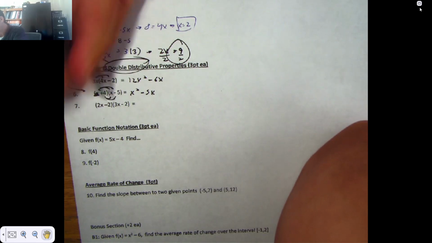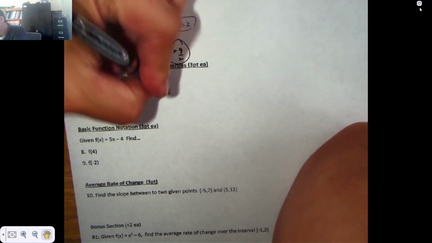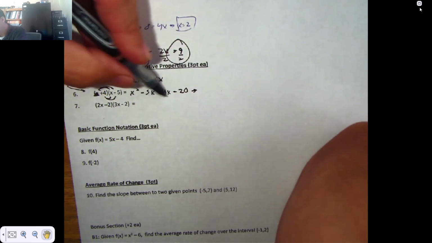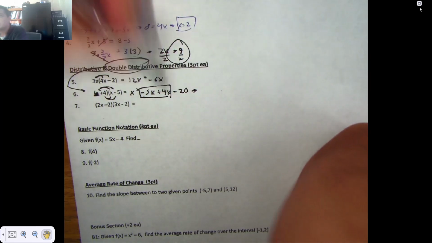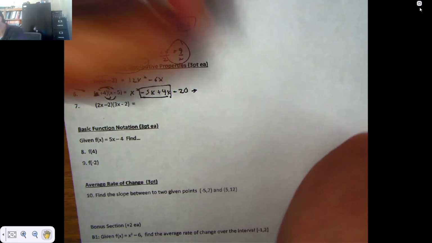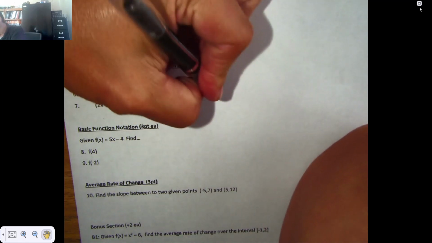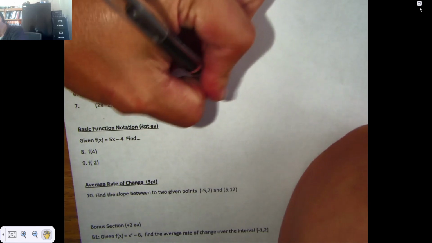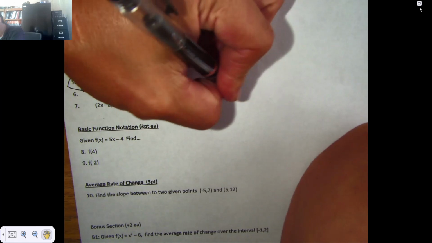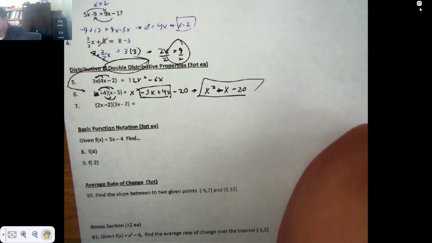Now I'm going to distribute the 4. 4 times x is plus 4x. 4 times -5 is minus 20. These two terms, if you do the double distributive property in the correct order, will always get added together. And that becomes minus an x, because -5 plus 4 is -1, and then minus 20. There's your answer on that one.